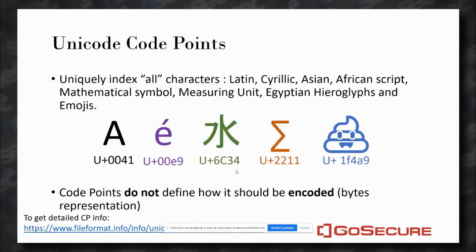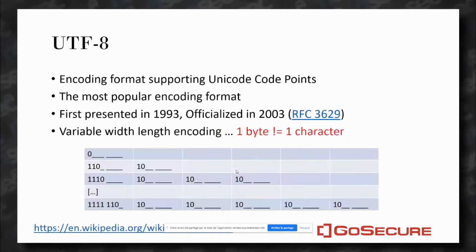So it's a unique number for the concept of this character. Code points do not define the way characters are encoded, but there are multiple encodings defined by Unicode. And one of them, which is the most popular one, is Unicode Transformation Format 8, for 8-bit.